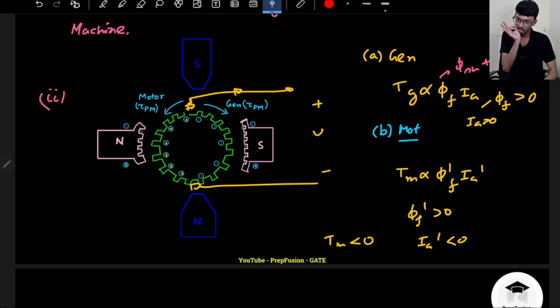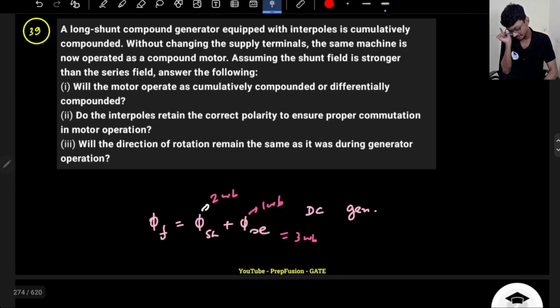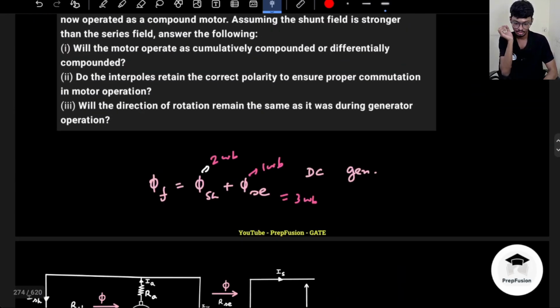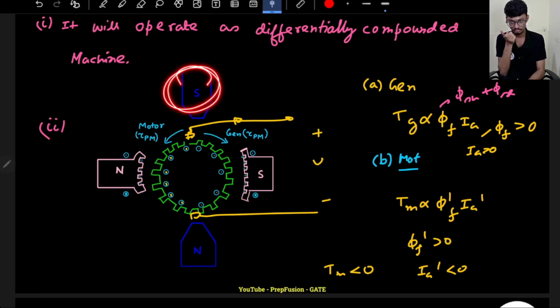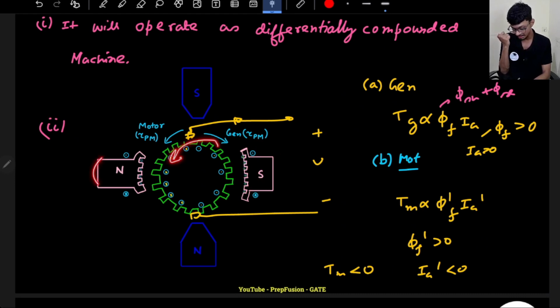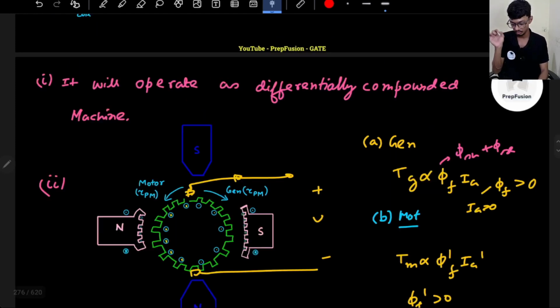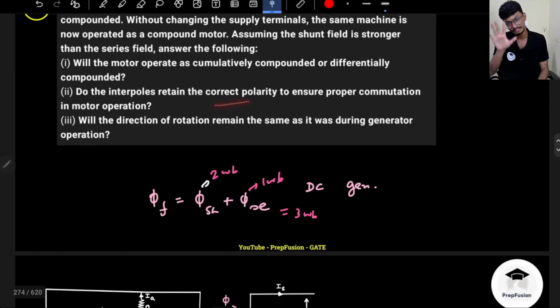So what are they asking? They are asking, do the interpoles retain the correct polarity? Yes. Previously I derived that if the generator rotates in the right hand side, then the interpole polarity should be that of the leading pole, that is S. For the motor it is the opposite. If the motor is rotating here, so the leading pole is north, then the interpole should be opposite, south. So I don't need to change the interpolar axis. So the interpolar axis is already in the correct polarity.